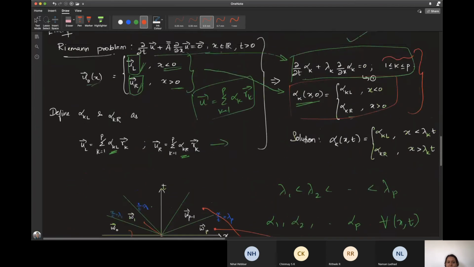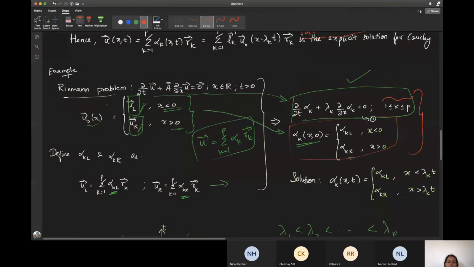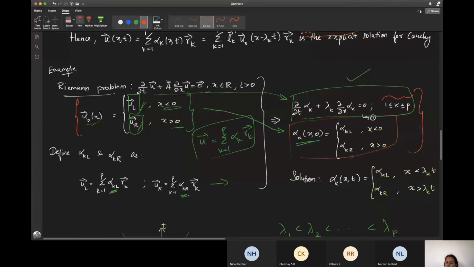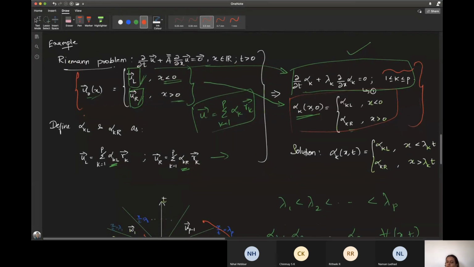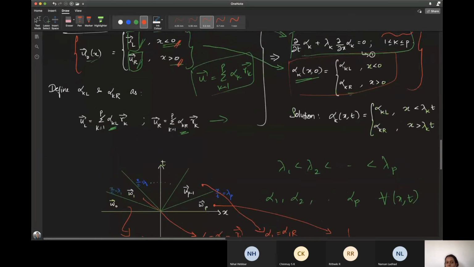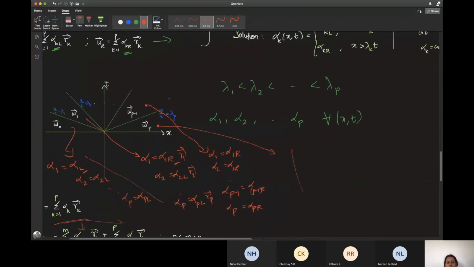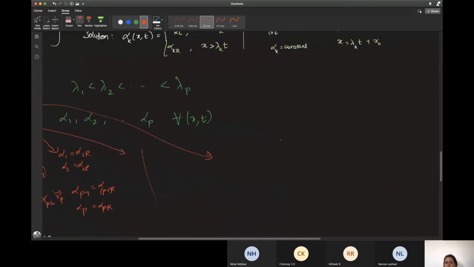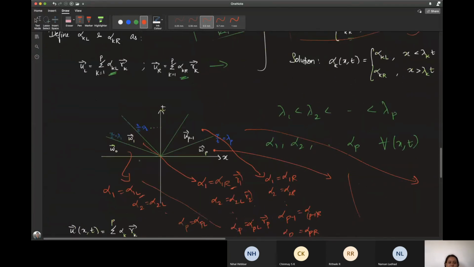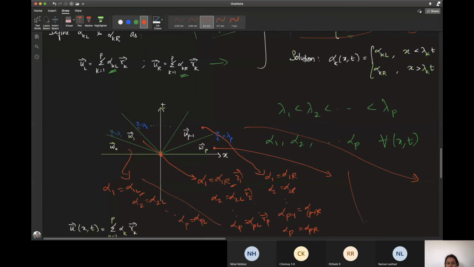This is a simple Riemann problem. You can connect this with the shock tube problem as well. You fix some point. Here we have fixed it at 0. Instead of 0, we can fix some other number, say 1. If you do that, this picture will become different. These points are all concentrated at x equals 0, right?